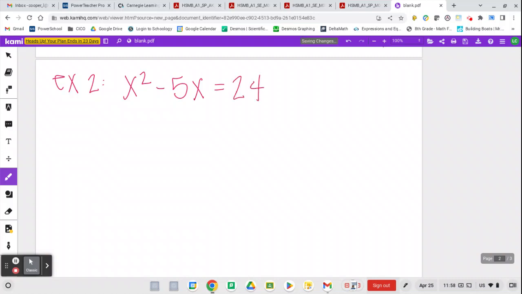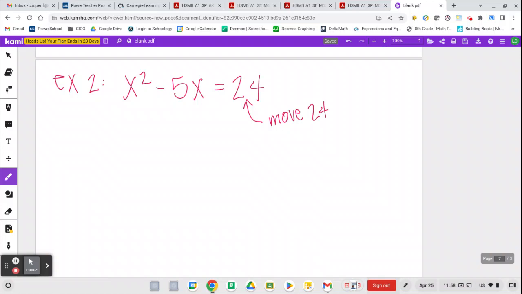Does this equal 0? Okay, I can't do this problem until it equals 0. So what I need to do is move this 24 to the other side of the equal sign. Does that make sense to everybody?